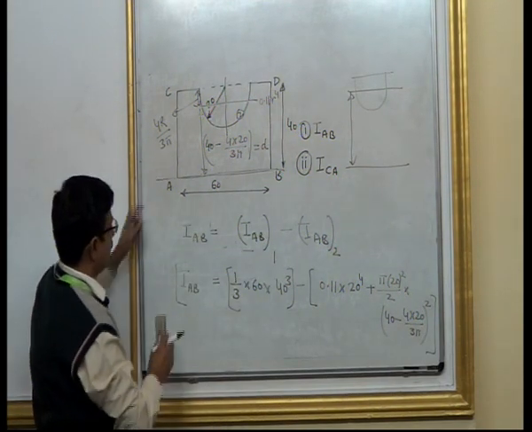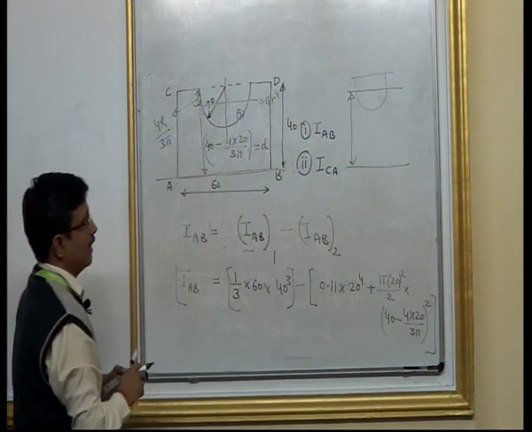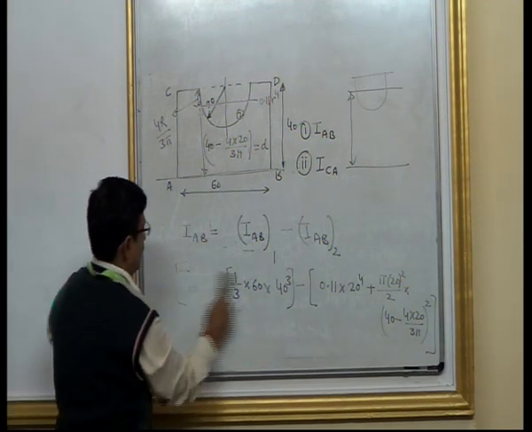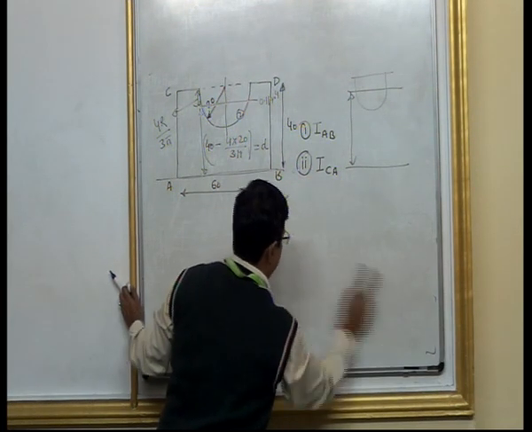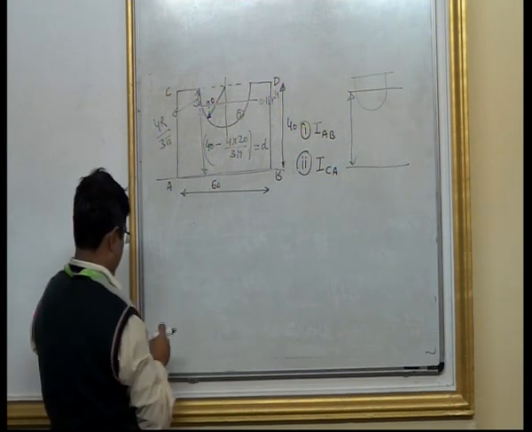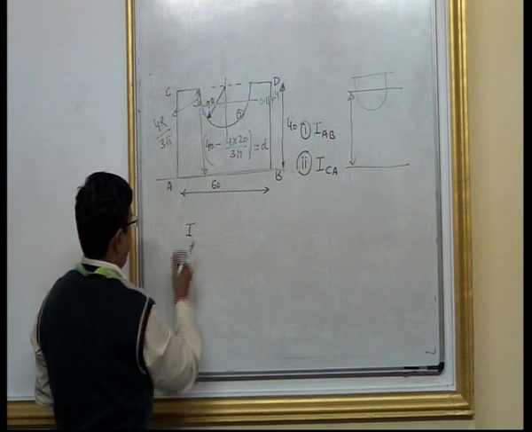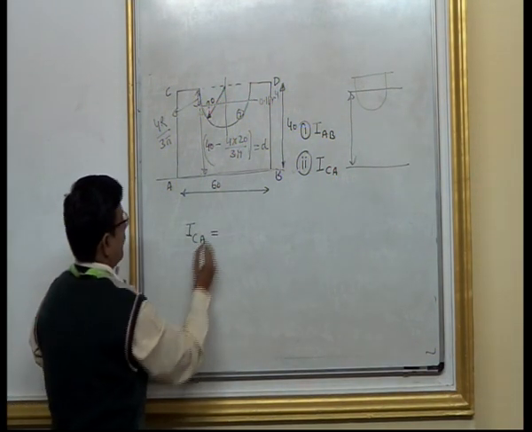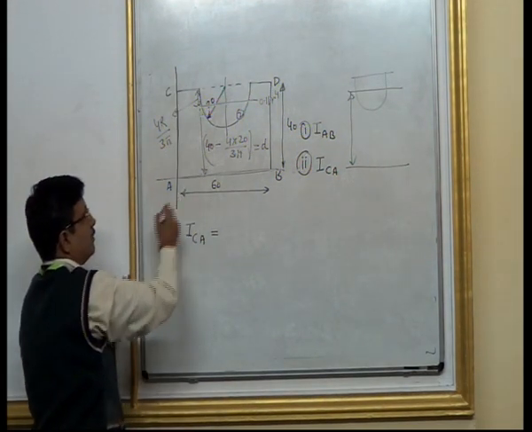Now let us calculate the second part of the question, that is ICA, the moment of inertia about the axis which is parallel to the y axis. You can write ICA. For the rectangle, about this we know the 1 by 3 BH cube formula.